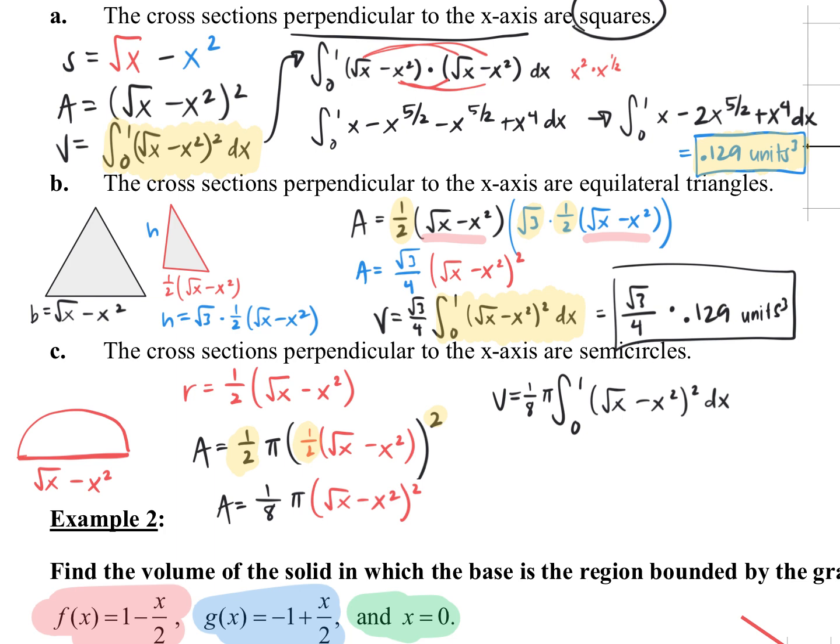Now again, we came up with the same conclusion. This thing we've already integrated, right? What is that thing in yellow there equal to? 0.129. So I can go ahead and rewrite this as 1/8 pi, or pi over 8, times 0.129 units cubed.